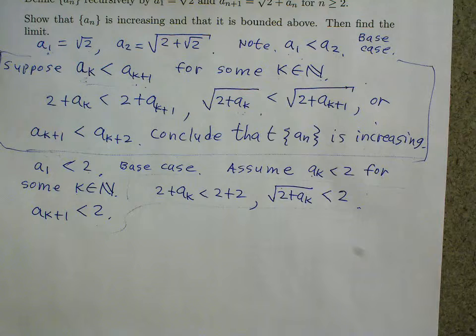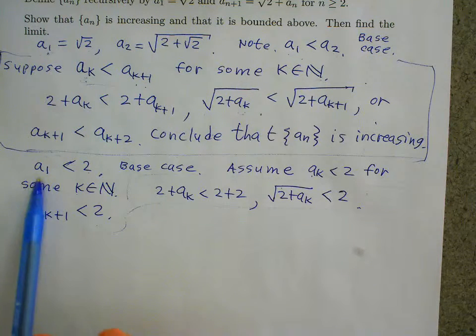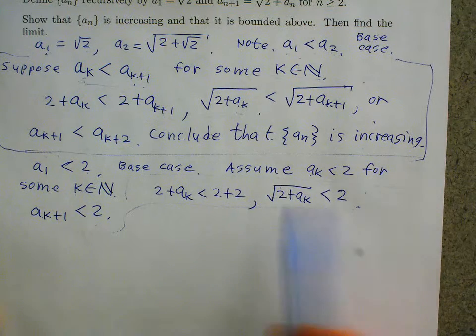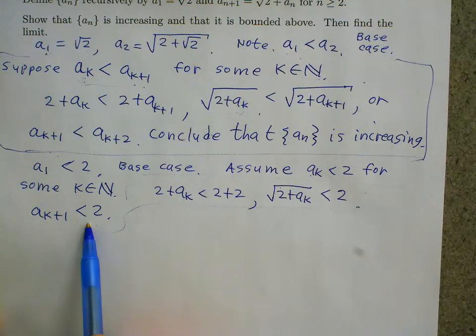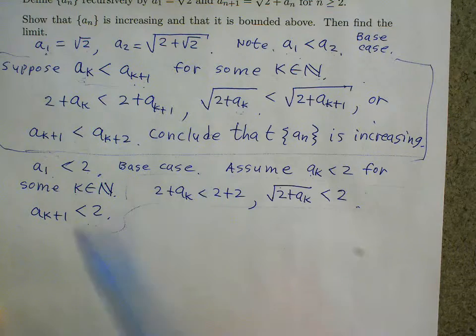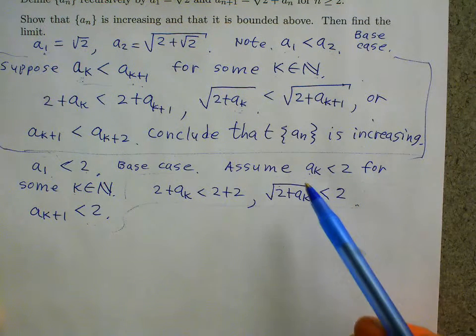So since we showed that a sub 1 is less than 2, and that a sub k less than 2 implies a sub k plus 1 is less than 2, that must mean that a sub 2 is less than 2, which means a sub 3 is less than 2, and so on.